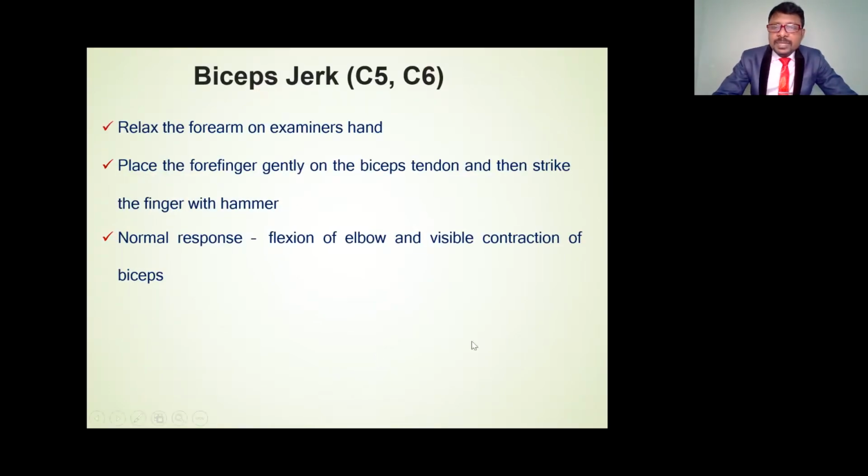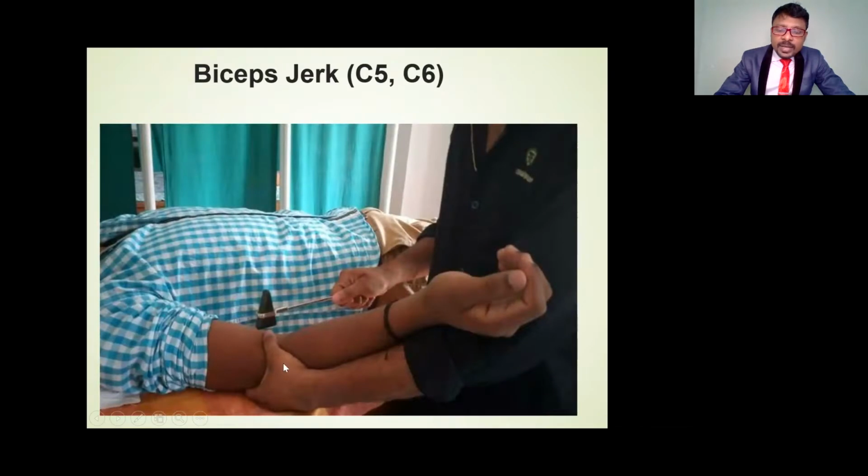So the first one is the biceps reflex. The person should be relaxed, either in sitting or lying position. The examiner holds the forearm, and the therapist or doctor has to hold the elbow properly.